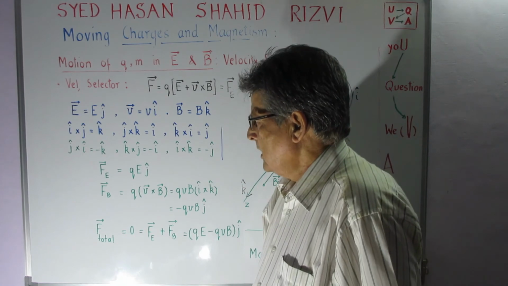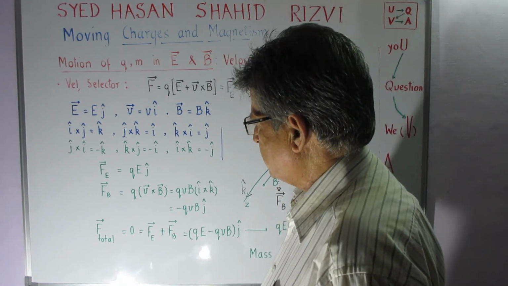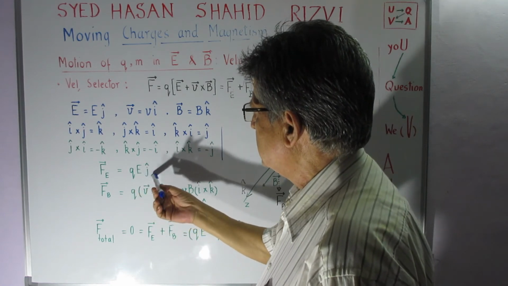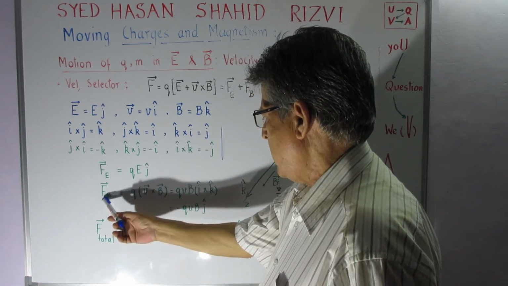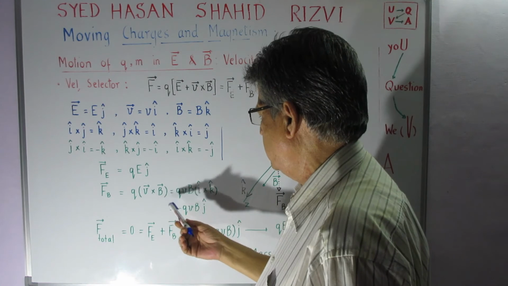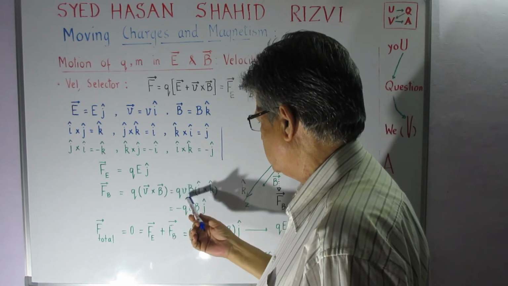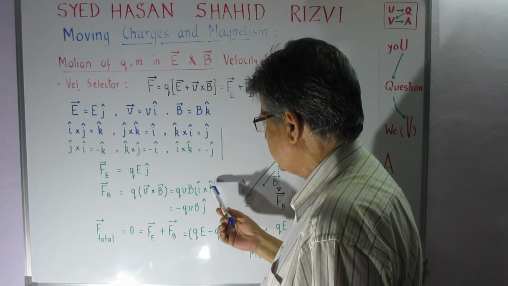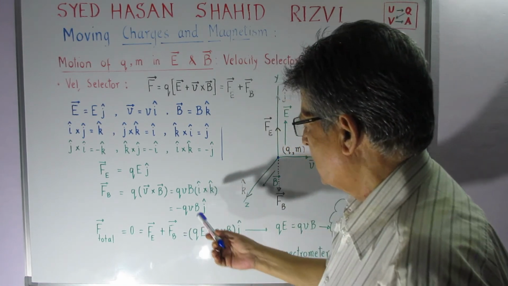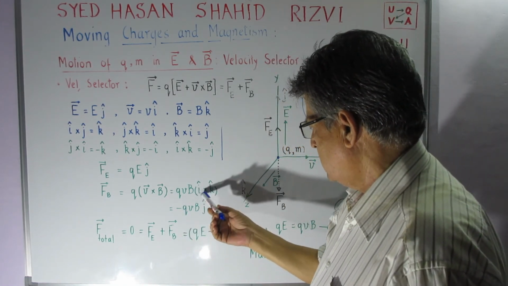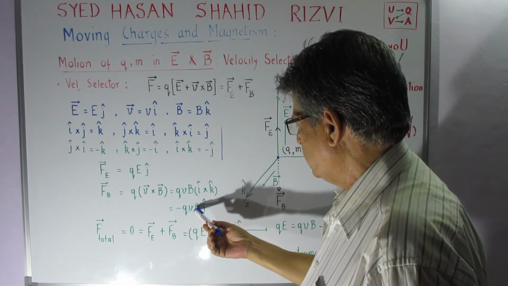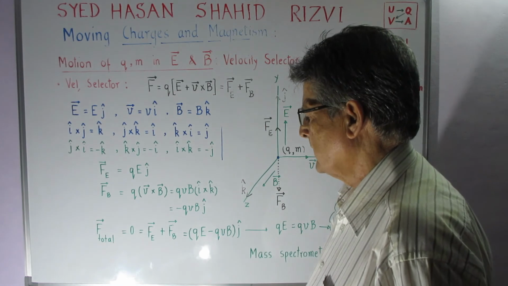Okay, so let me write the value of FE: QE into j cap. FB is equal to Q v cross B, and I can write the magnitudes: vB, Q v B, i cross k, and that turns out to be equal to minus j, so it becomes minus QvB j cap.